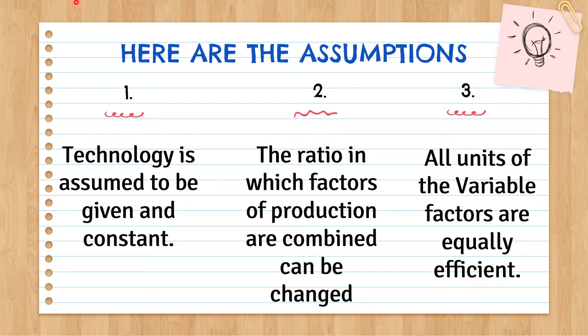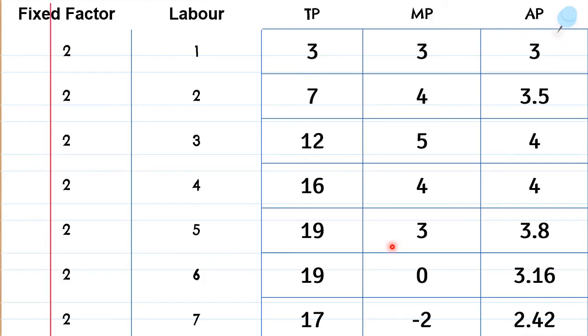Having stated the assumptions, we studied this table earlier, but now we're going to look at it from the point of view of the statement of the law of variable proportions, which is, as the proportion of one of the factors in a combination of factors increases, first the marginal and then the total product must or will diminish.